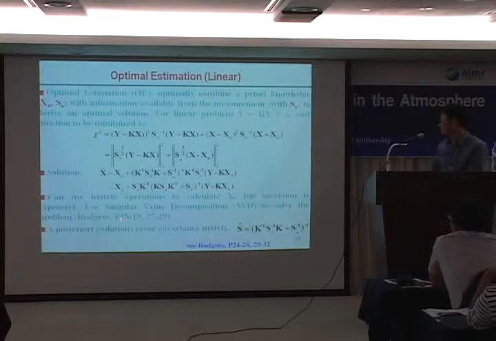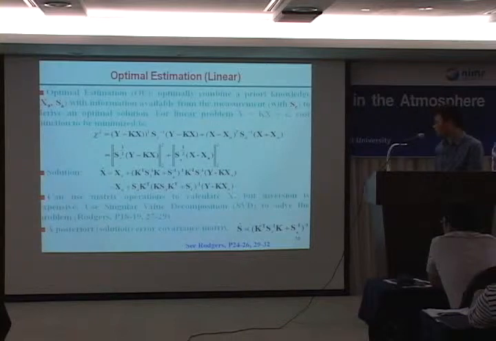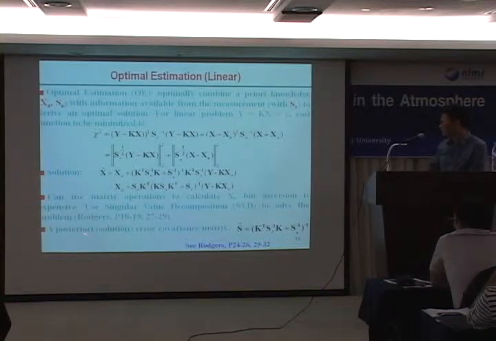So in practice, you often use the singular value decomposition approach to solve the problem. You can read the Rodgers book about this. Also from probability theory, we can derive the a posteriori error covariance matrix using this equation.